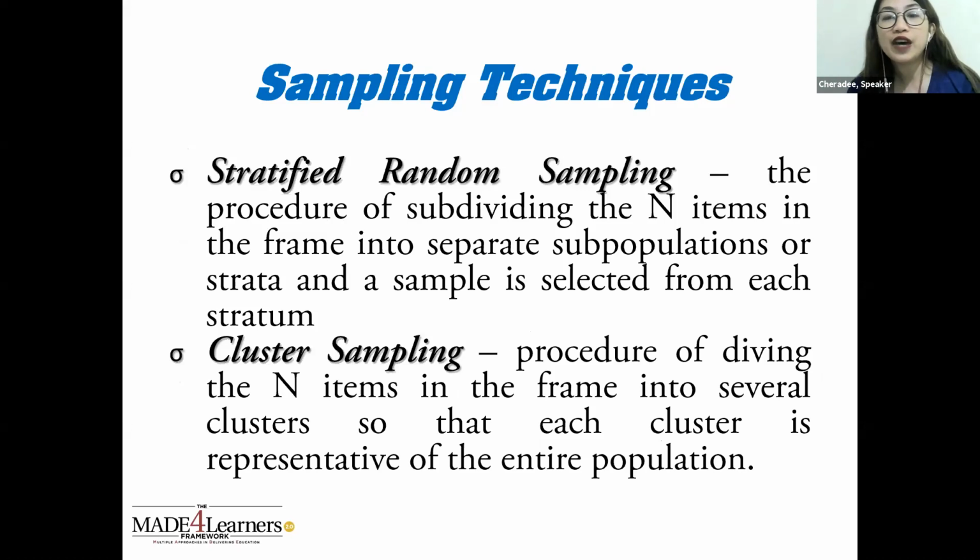Okay, next, stratified random sampling. So stratified random sampling is the procedure of subdividing the n items in the frame into separate subpopulations or strata, and a sample is selected from each stratum. So example of this is you want to give the questionnaires based on the number of population. Let's say, for example, we have 4 big cities here in Cebu.